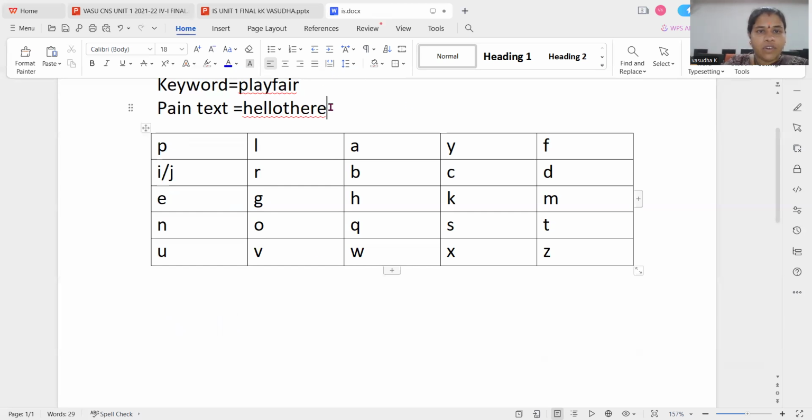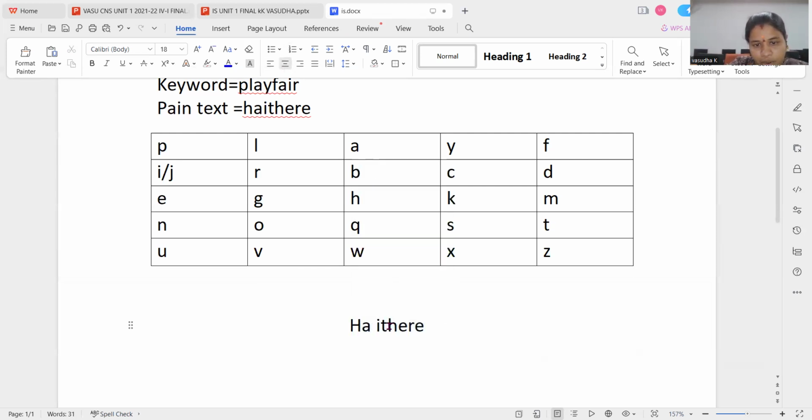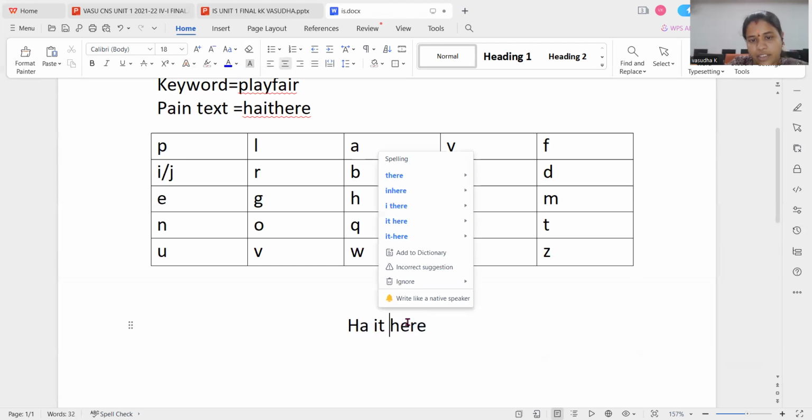So we'll just follow only hi there. Hi there is the plain text I'm using, where there is no redundancy and double letters are not there. Now I need to divide this plain text into two letters each.